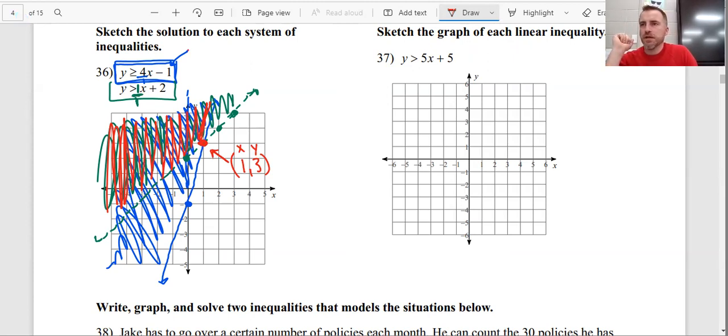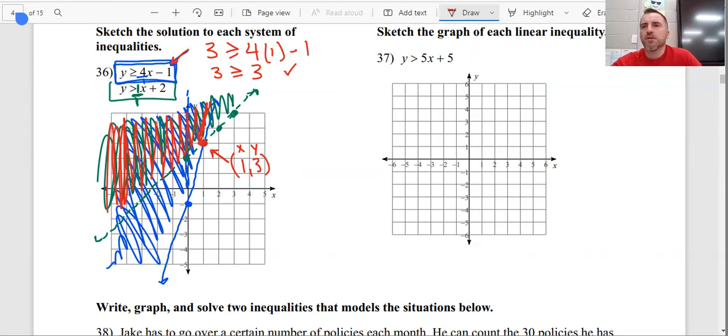If you plug in 3 for the y value and 1 for the x value, you get this inequality, which says 3 is greater than or equal to 4 minus 1. What's 4 minus 1? It's 3. 3 is greater than or equal to 3 because it's equal to 3. So the point 1, 3 is a solution to that first inequality.